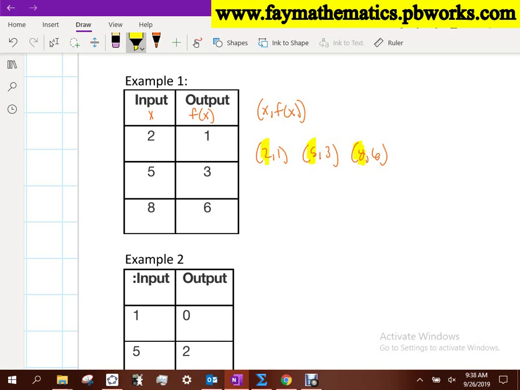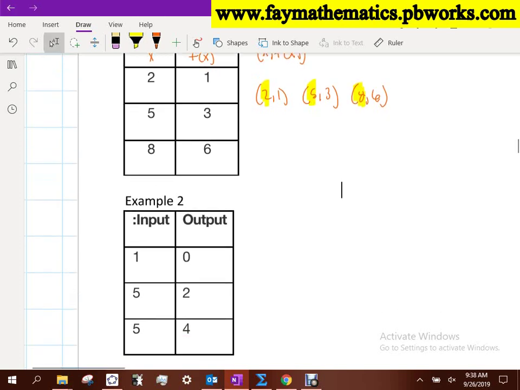So that one is a function. If I look at the next one, we've got (1, 0), (5, 2), (5, 4). Okay? 1 doesn't repeat. Does 5 repeat? Yes, it does. So now, just because it repeats does not automatically give you your answer. You now have to see what it is paired with.